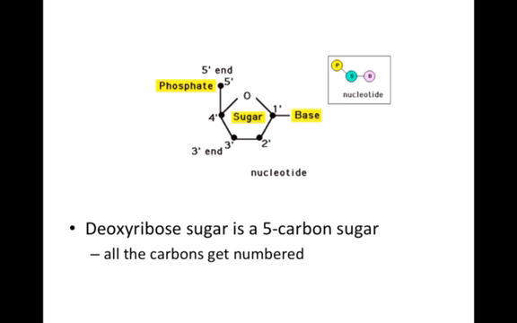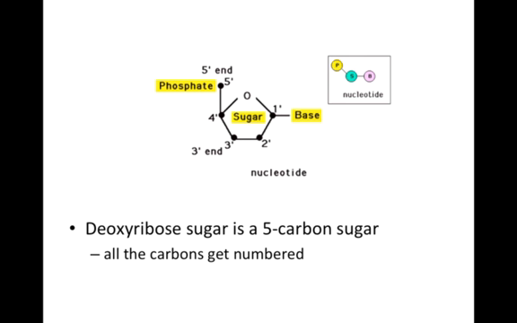One of the things that we didn't get into when we talked about the sugar is that the carbons within the sugar are numbered. The carbon that's closest to the nitrogen base is numbered number 1, and then it just goes around the sugar molecule. Here's carbon number 2, carbon number 3, carbon number 4, and carbon number 5, which attaches to the phosphate group. So all of the carbons get numbered.